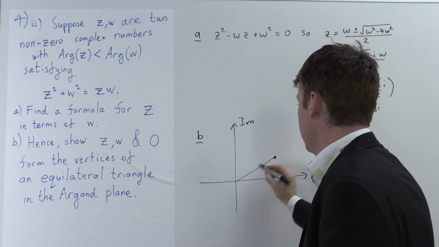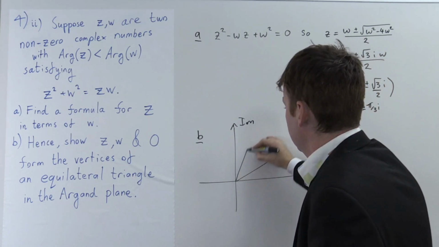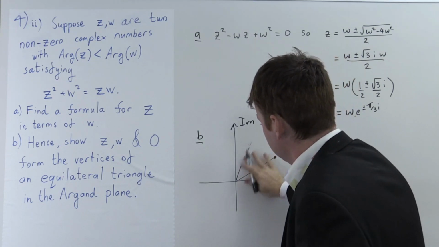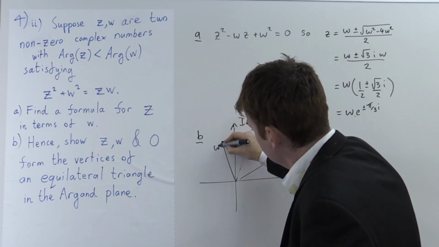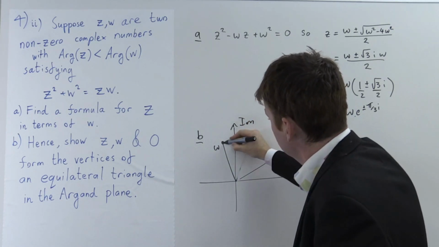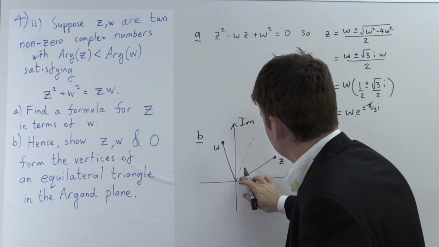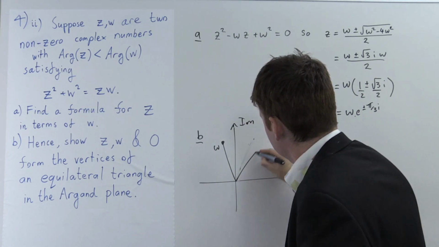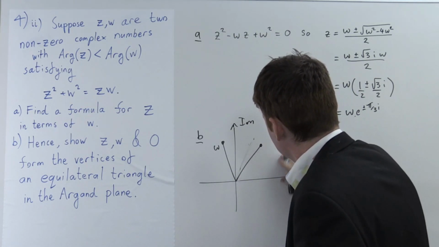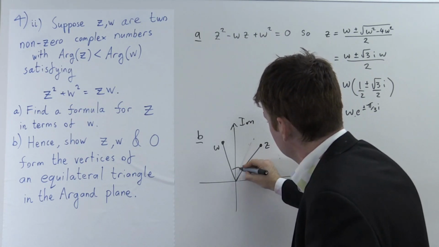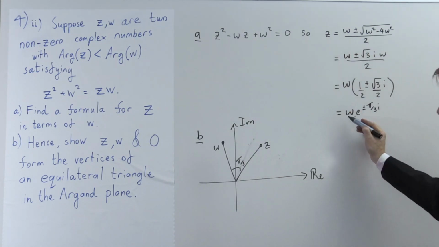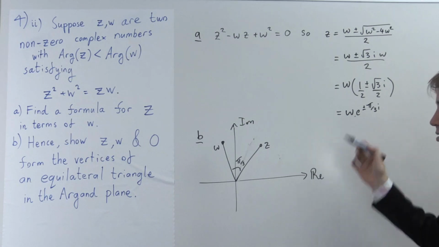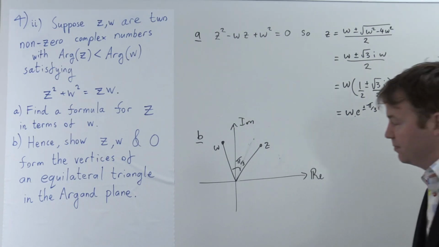So let's make this one w, and this one z. And this angle is supposed to be pi on 3. So that's what this is saying. z is just a rotation of w by pi on 3.